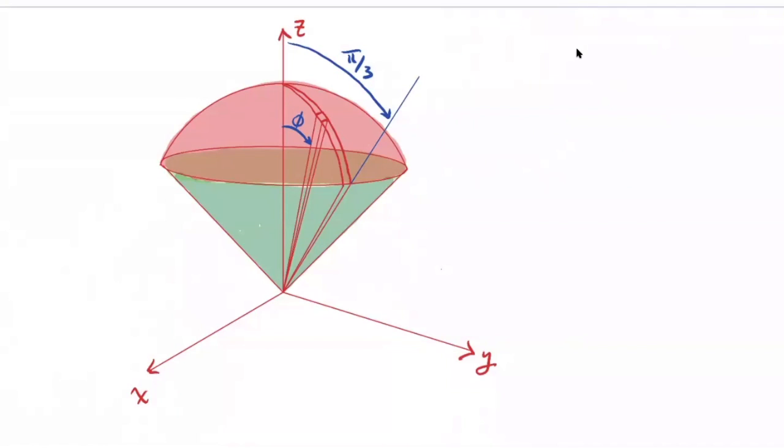Limits on rho will be at the very tip of this. The origin itself is where rho equals 0. And out at the far end of this little wand, I never know what to call this thing. I called it a rod last time, I think.